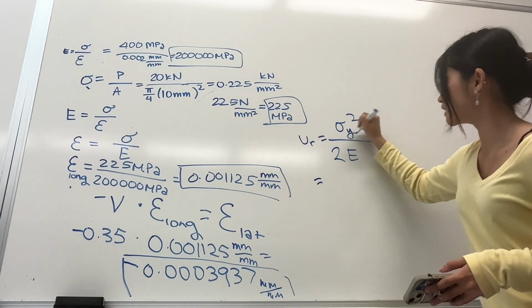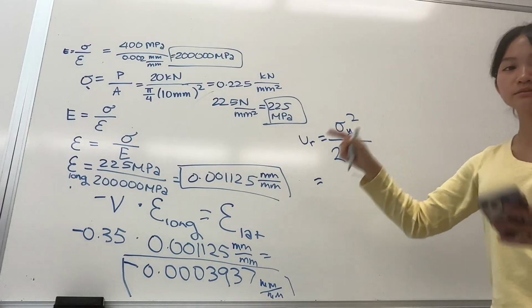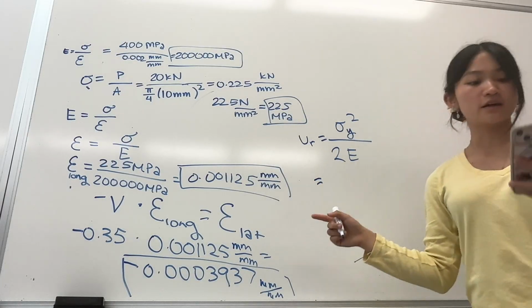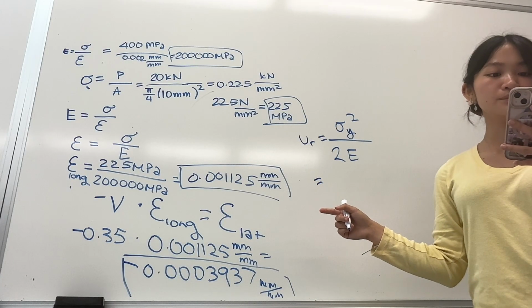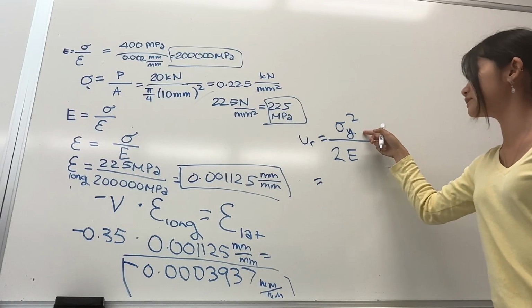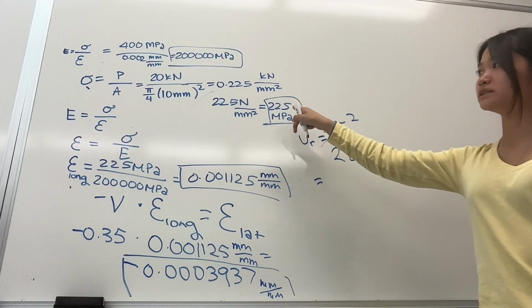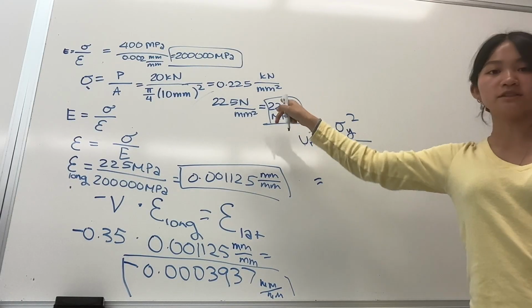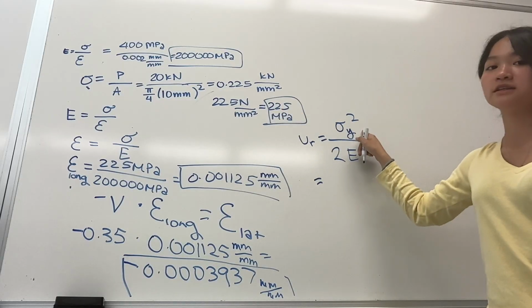As we identified in the graph, our yield stress would be 400 megapascals. It would not be the longitudinal stress.